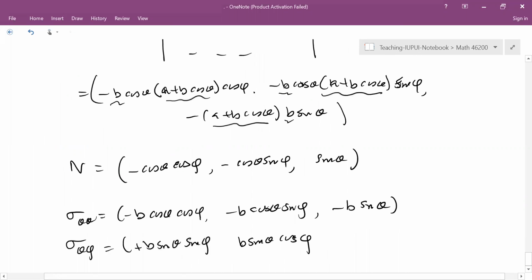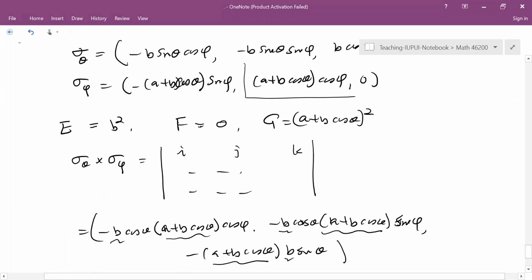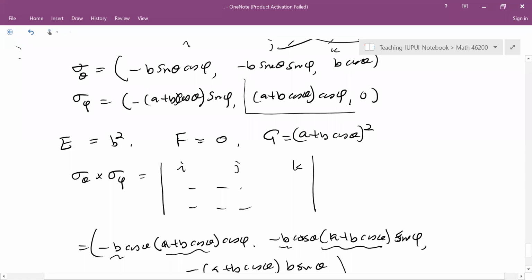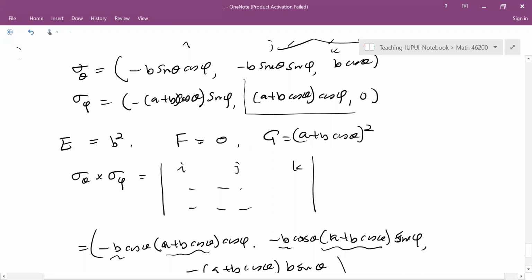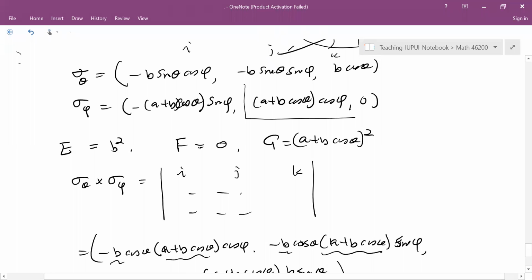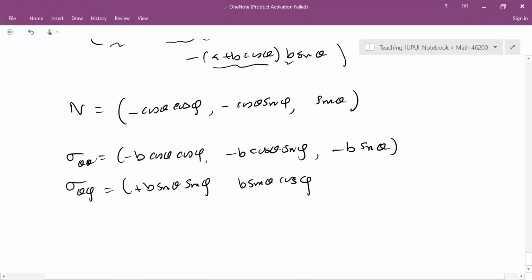There was a positive sign here. Let me check. I have a negative sign. And this will be negative and the 0.